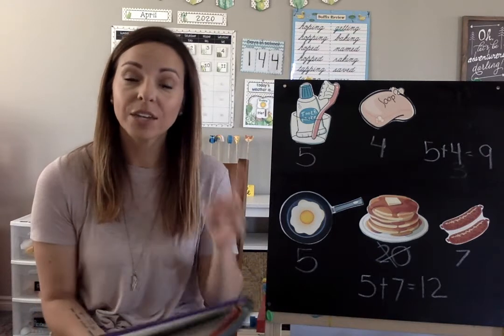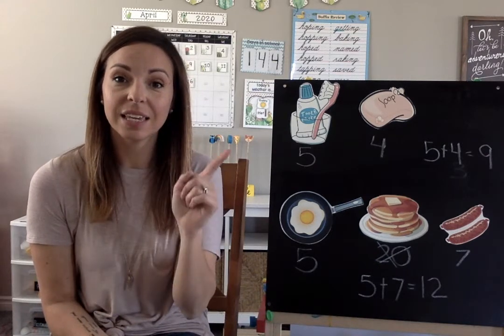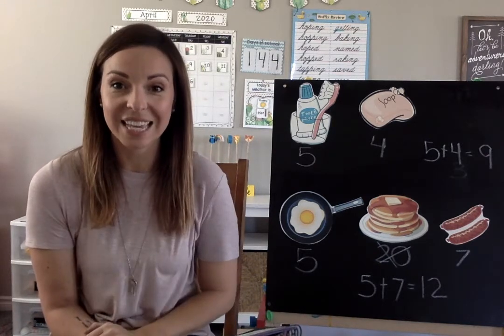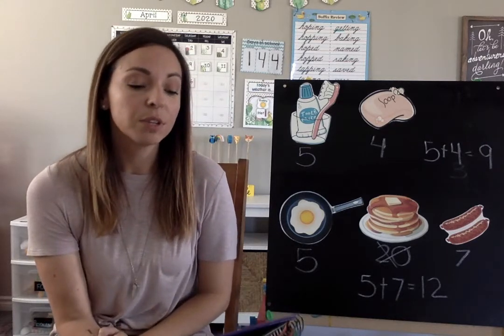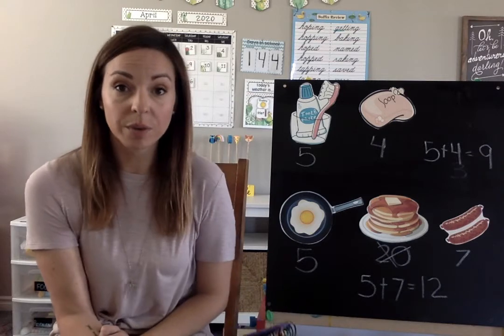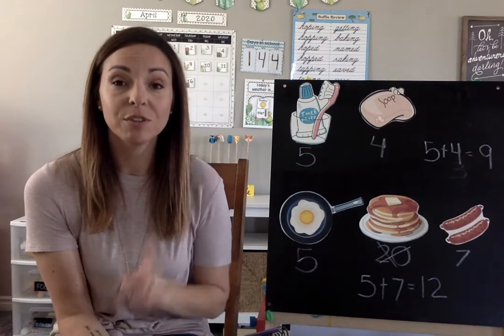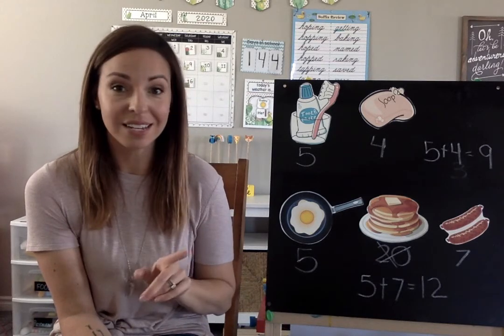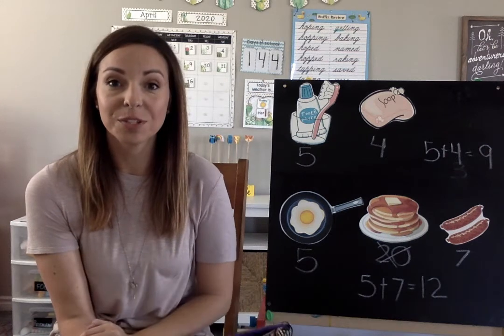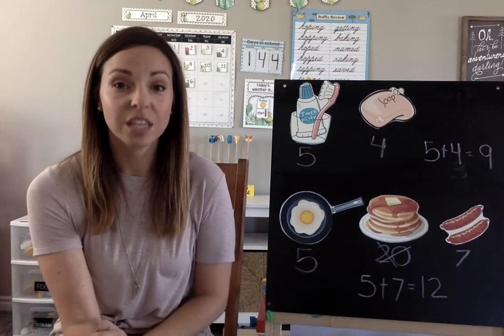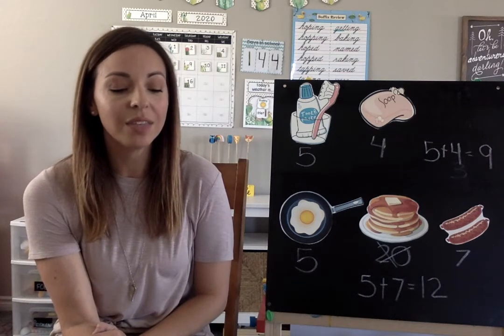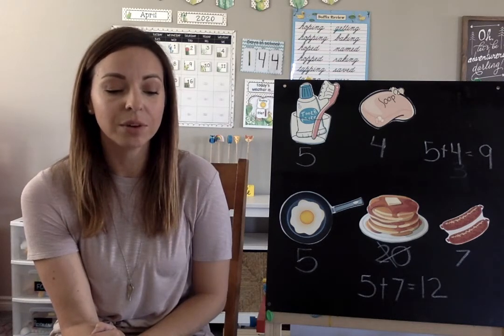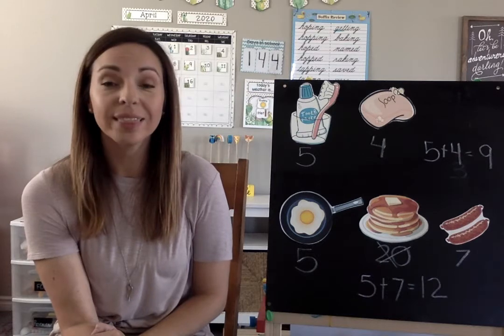Number 1 on the back, you're going to be listening to me, giving you some combinations, and you're going to write the answer as soon as we're done going over the worksheet together. For number 2, you're going to read the story problem, and then you're going to find the fact that was not needed, and then you're going to write the combination that you do need in order to solve the story problem. And then number 3, write a number that is greater than or less than.